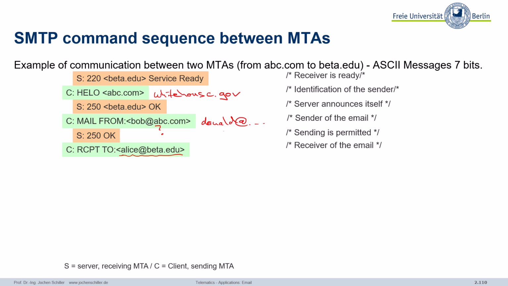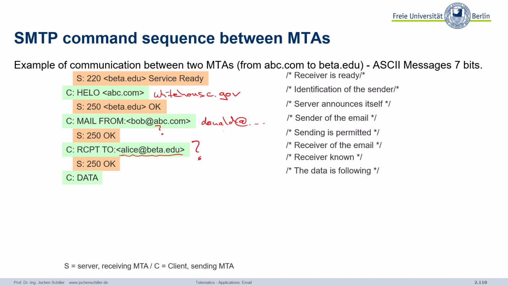So, Alice. Then the server says, okay, syntactically correct, that's a receiver. Everything is known. This is the case where the server can actually check if it can handle this receiver.